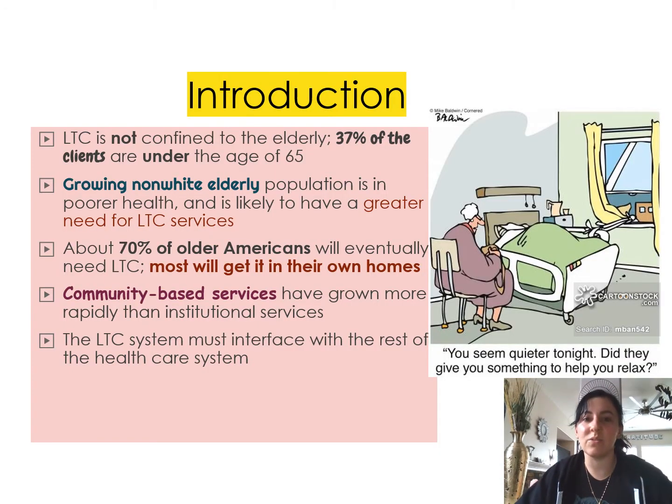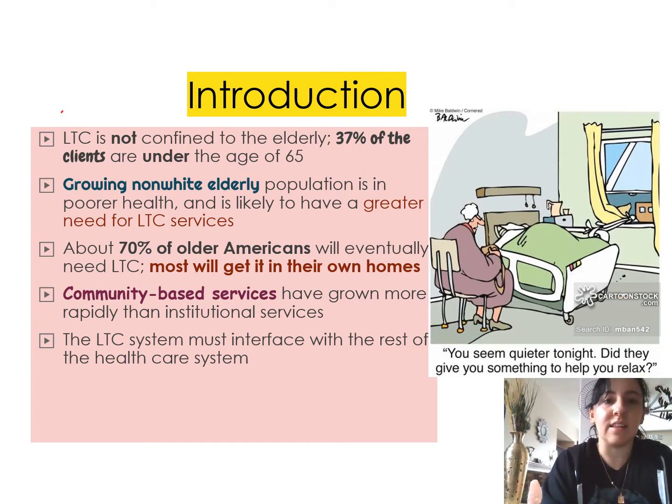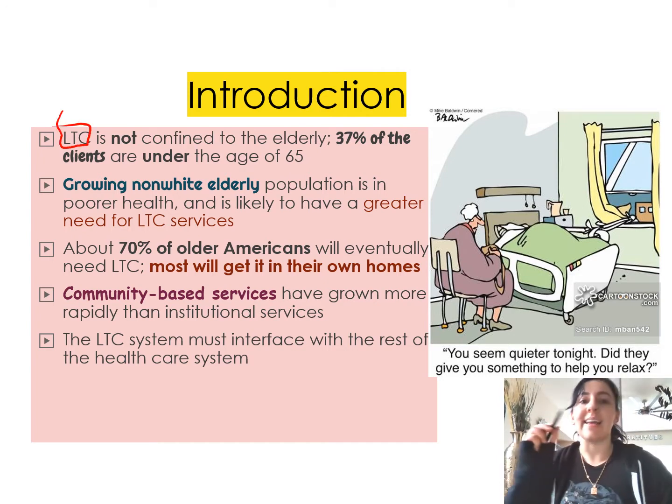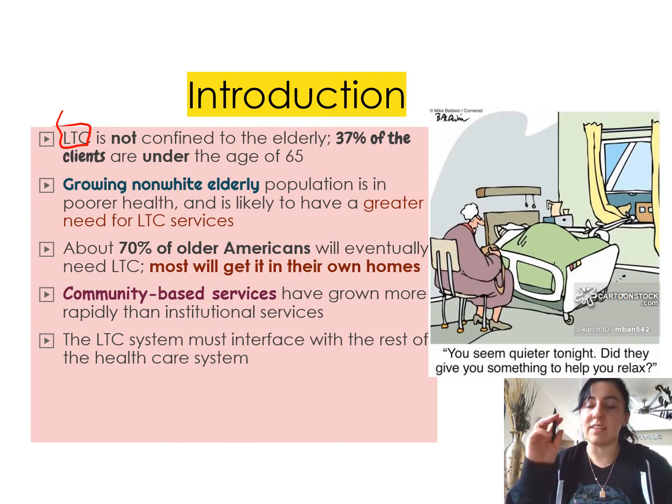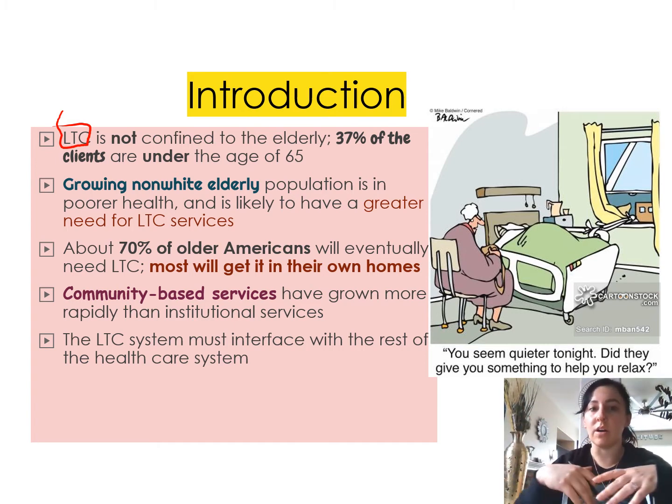All right, so introduction, long-term care or LTC. That's what this is. Long-term care is not confined to just the elderly. 37% of long-term care patients are older adults, over the age of 65.